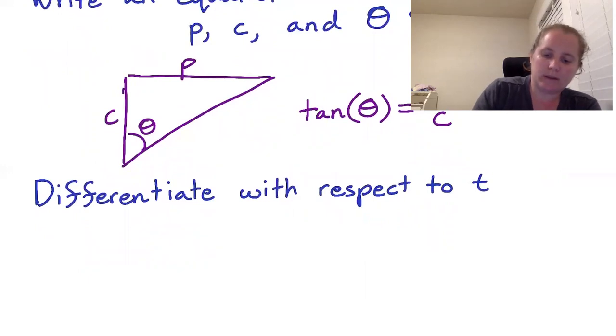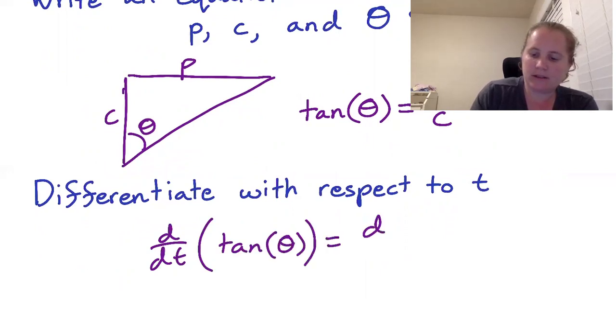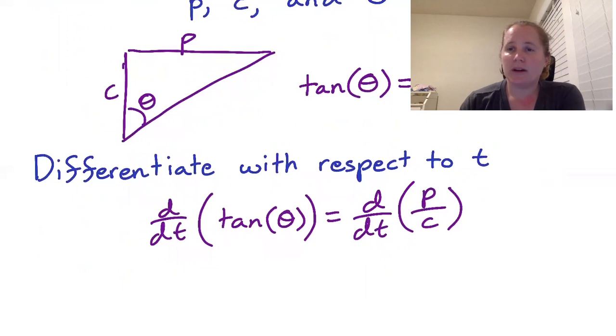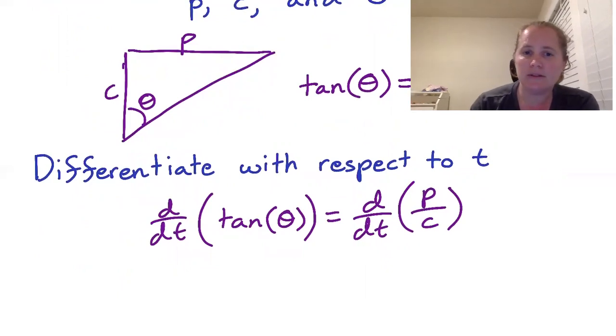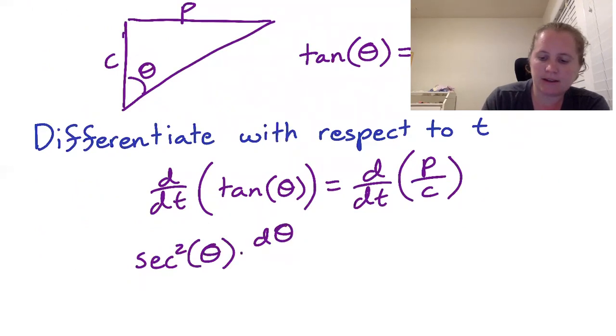So we have d/dt of tangent of theta is equal to d/dt of p over c. At this point, we have a quotient rule involved. So the derivative of tangent is secant squared theta, times d theta dt.